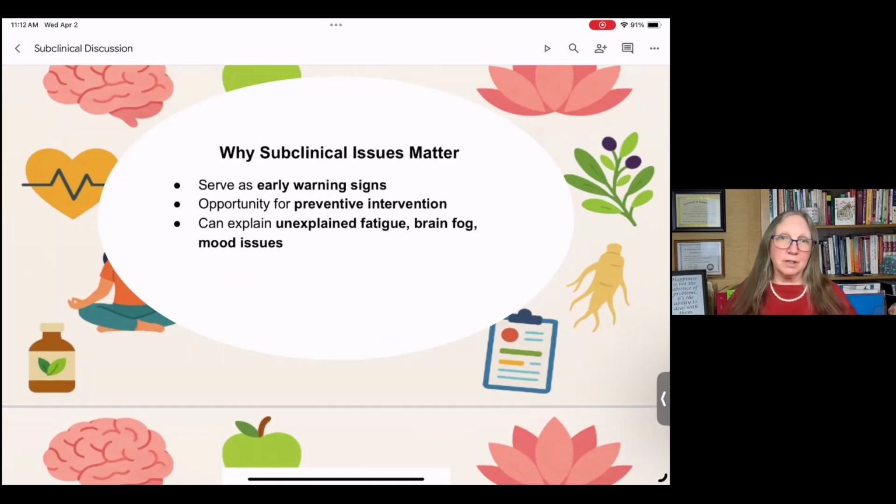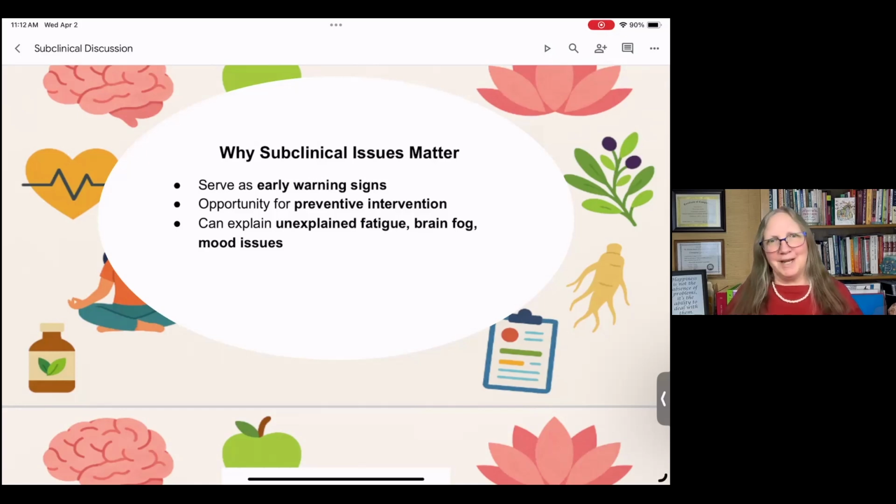But I will tell you this, and I've had clients do this. They'll go to their doctor after we've done our testing, and all of our tests are subclinical tests, right? And they'll go to the doctor, and the doctor will say, you don't have any of these things. But the reality is we're not testing the way the doctors test. We're testing the subclinical stuff.